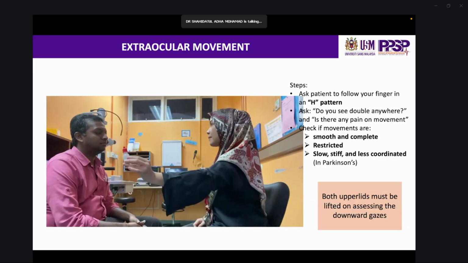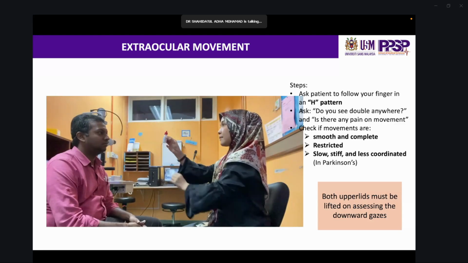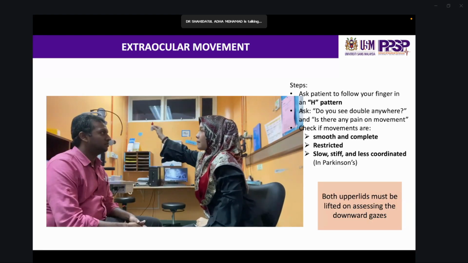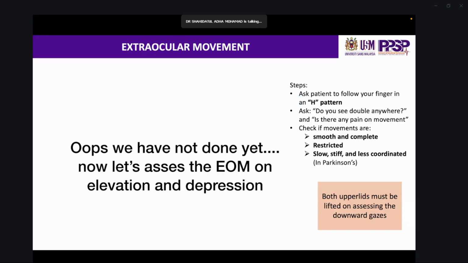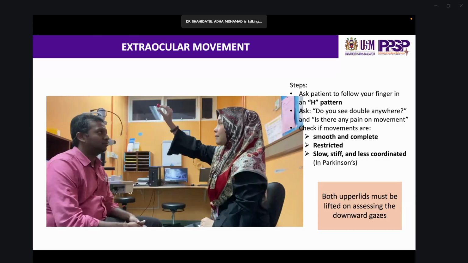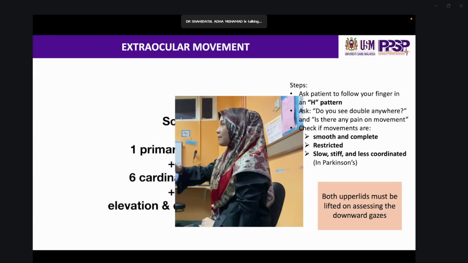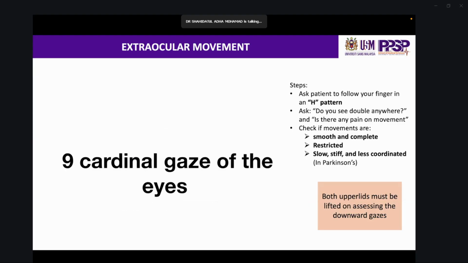In certain Parkinson's patients, they don't have bradykinesia yet, but they can present with diplopia. Sometimes it is difficult to assess because their eye movement is pretty different from the usual cases. Both upper lids must be lifted when assessing the downward gaze.